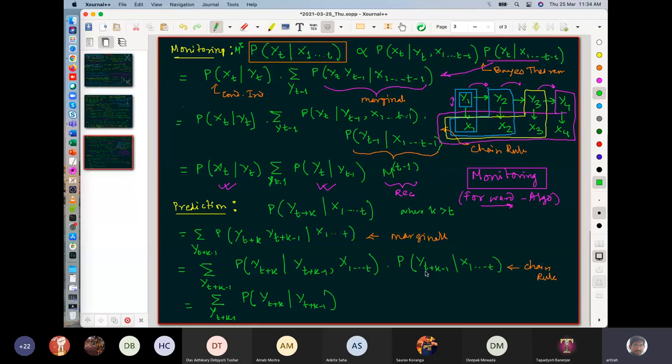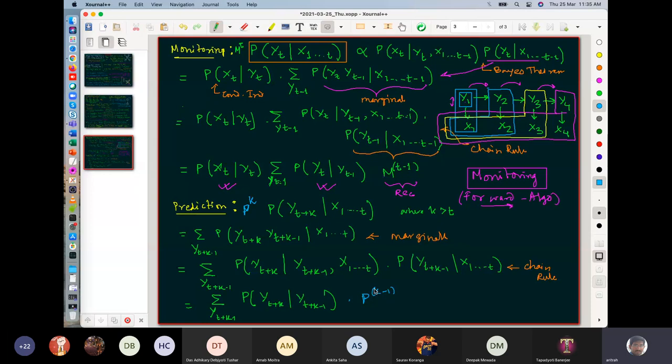I need to reach down to k minus 1, until k equals 0. If k equals 0, my monitoring will give me the direct answer. So I started off with prediction P_k, and I got here P_{k-1}. Agreed?